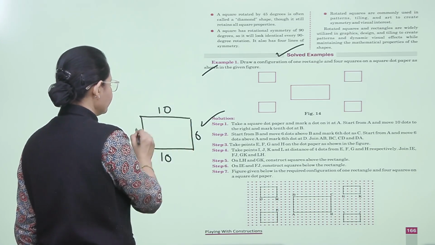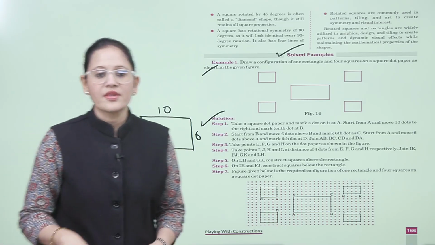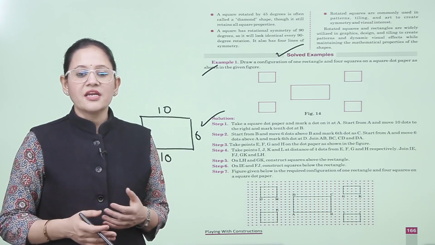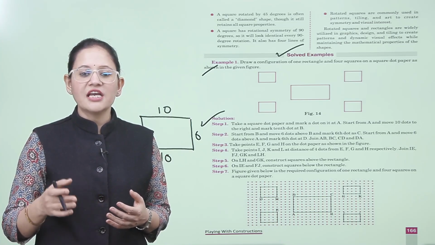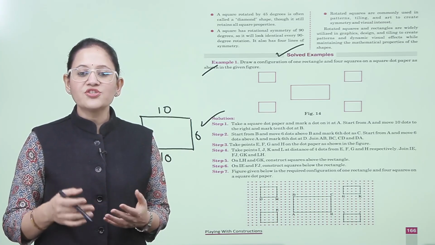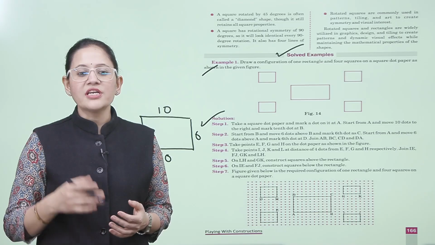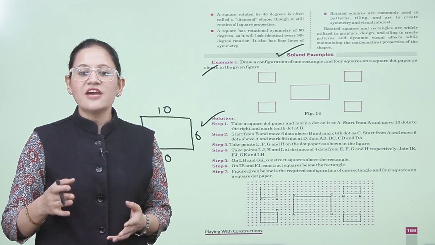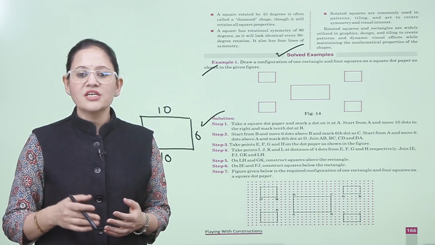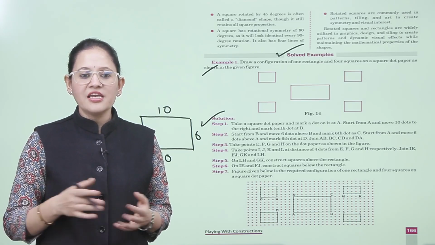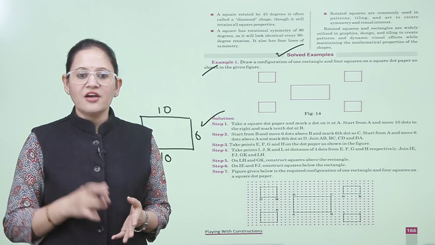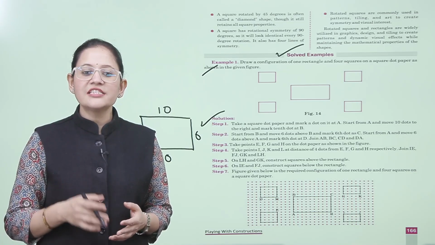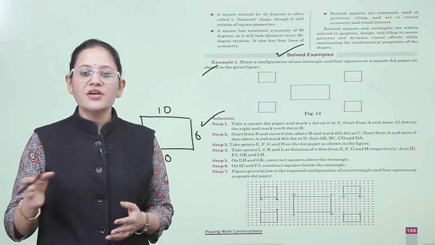Clear? Now step 3. Take points E and F, G and H on the dot paper as shown in the figure. Take points I, J, K, L at a distance of 4 dots. E, F, G, H represent the points I, F, J, G, K and L, H. On L, H and G, K, construct squares above the rectangle.